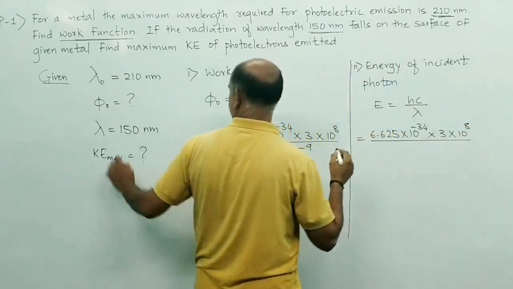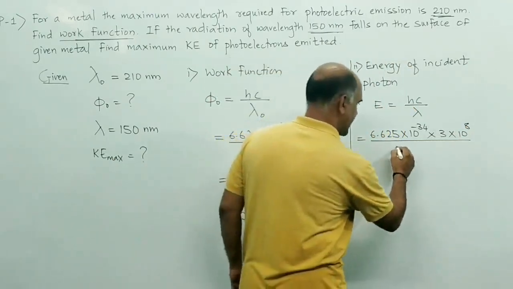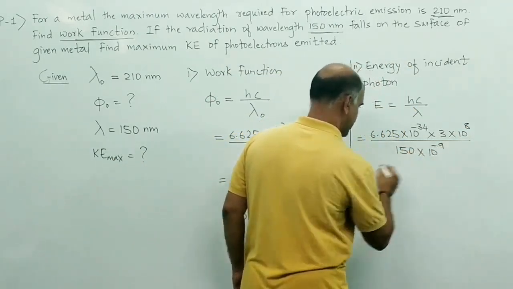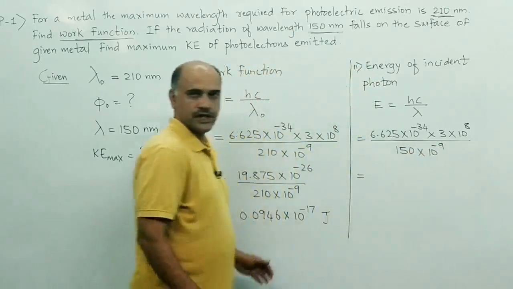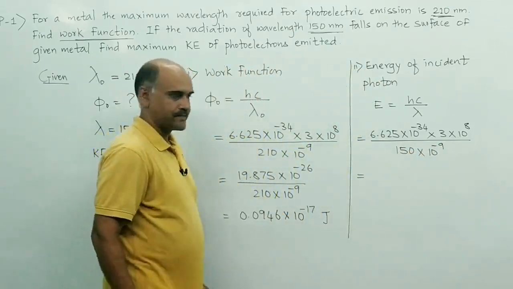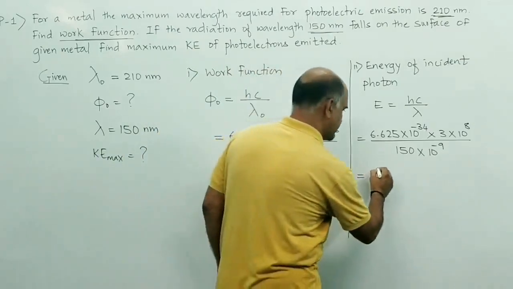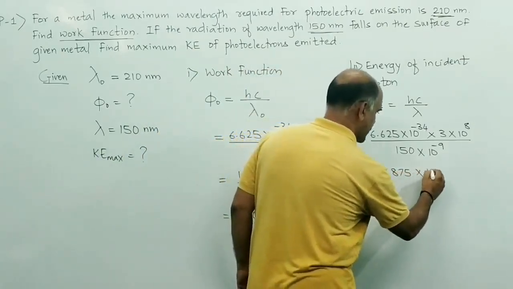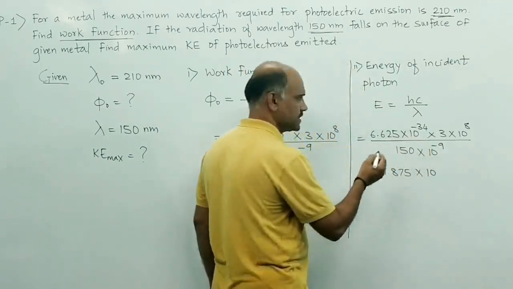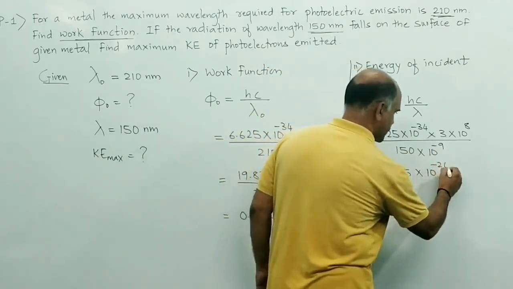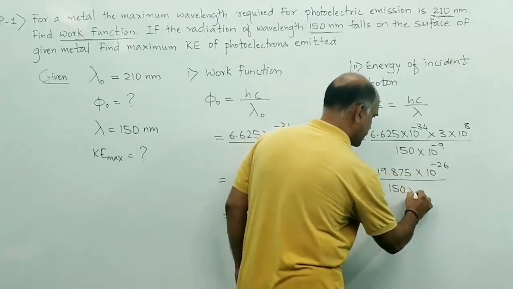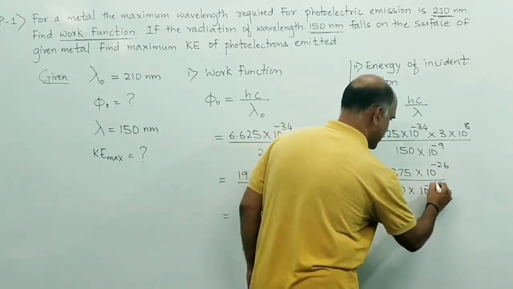Lambda is how much he has given? 150 nanometer. So nano means 10 raised to minus 9. So again use a calculator and simplify. If I multiply numerator, I will have 19.875 into 10 raised to minus 26 divided by 150 into 10 raised to minus 9.